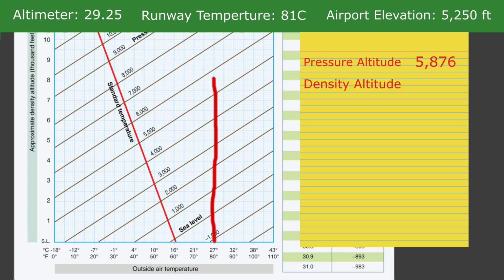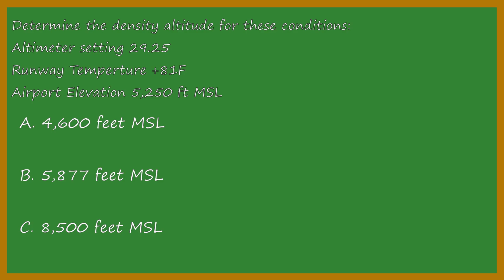And from there, we'll look to the left and follow that all the way to the left, and we'll get approximately a density altitude of 8,400 feet. Going back to the question, looking at all our answer choices, choice C is going to be our closest choice, so we'll select that.